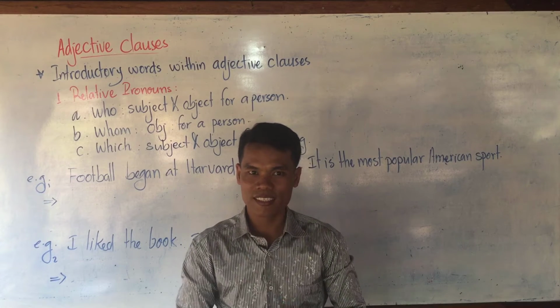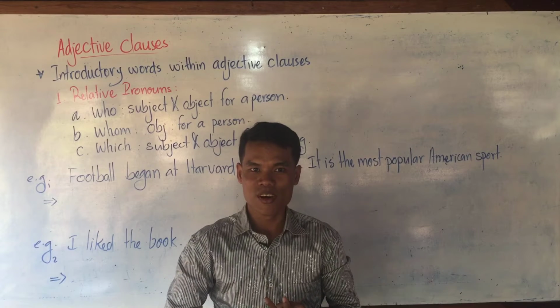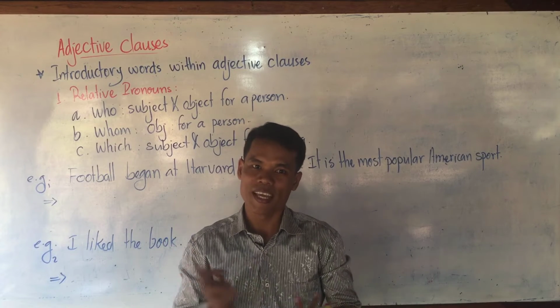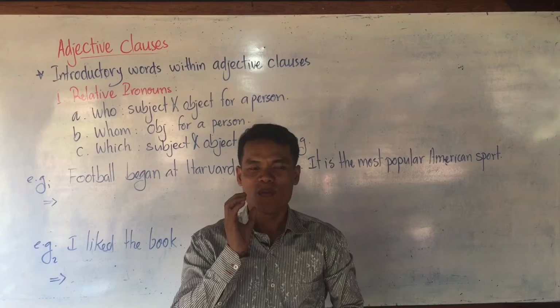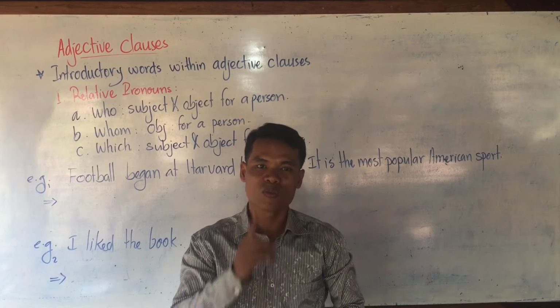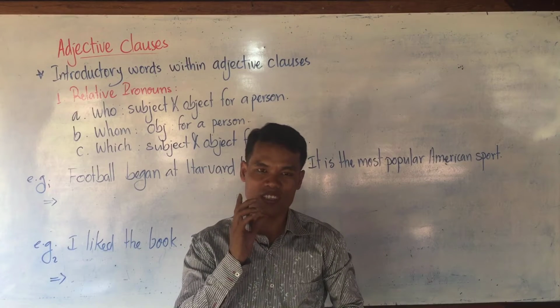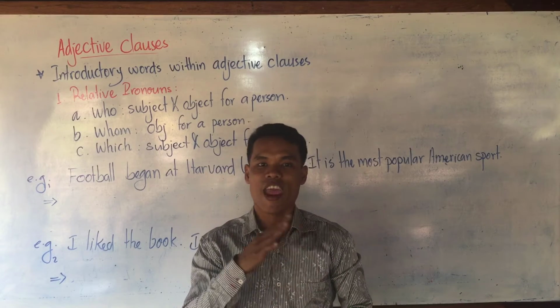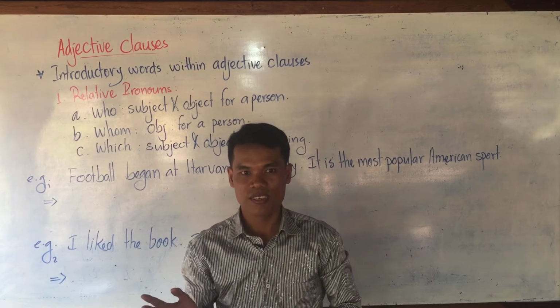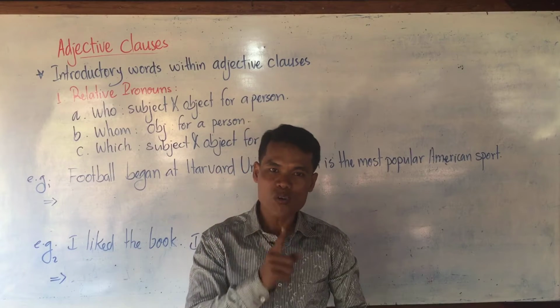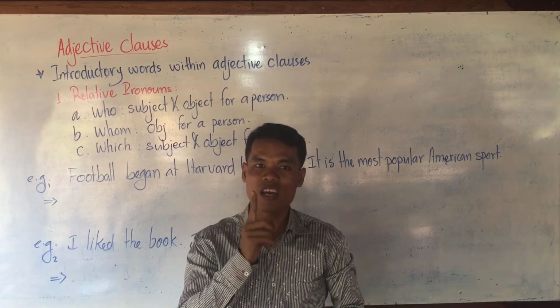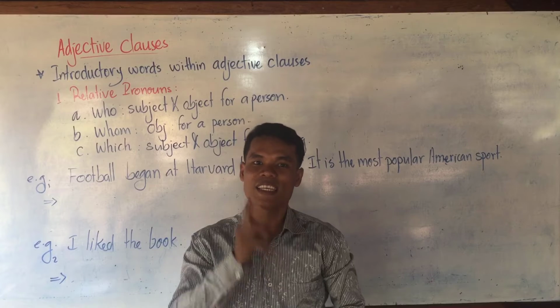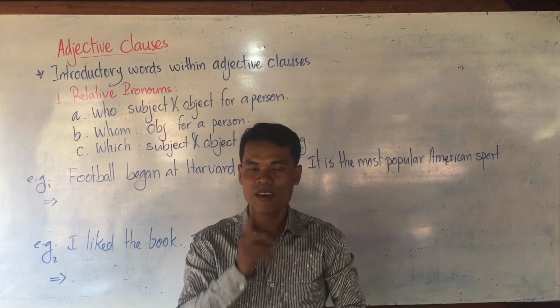You already learned two relative pronouns. What are they? One is who, the other is whom. What are the functions of who? The functions of who are subject and object. How about whom? The function of whom is only object.